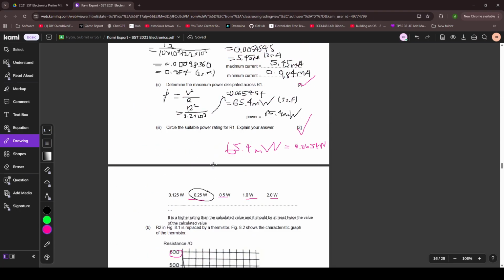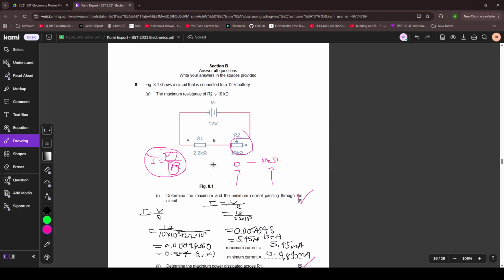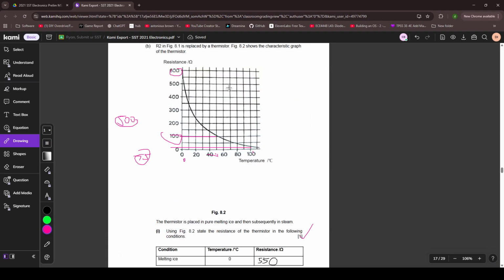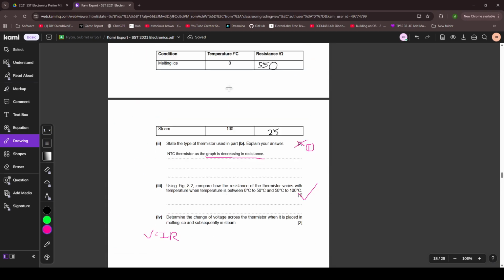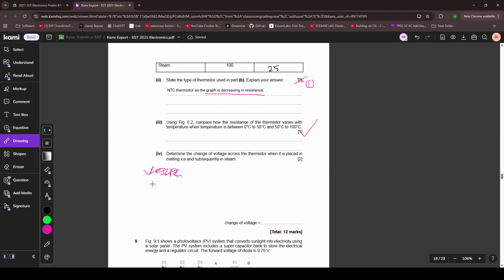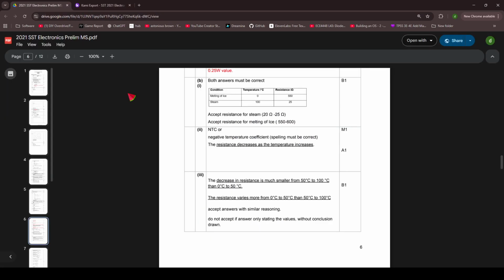So the only way we know voltage is with current. Okay, basically, you find the voltage when it is in ice, you find the voltage when it is in steam, you take the higher value minus the smaller value, that's a voltage change.